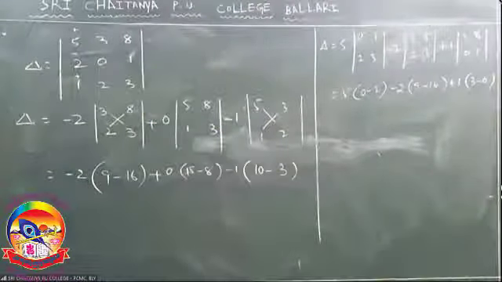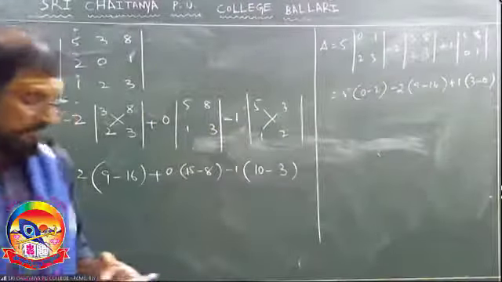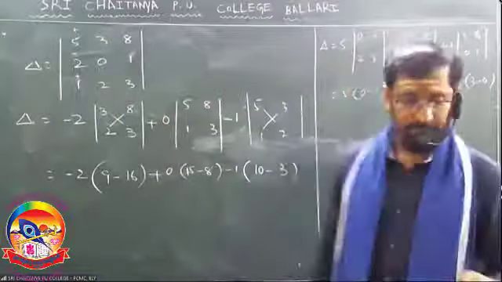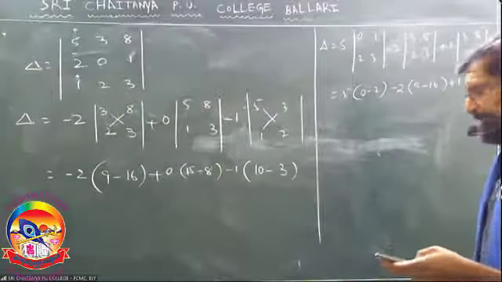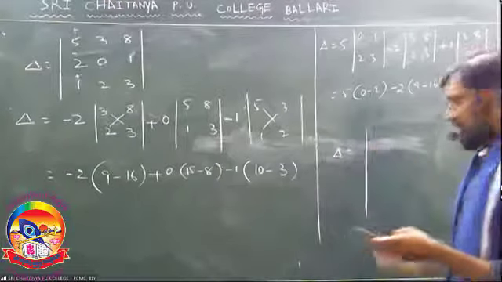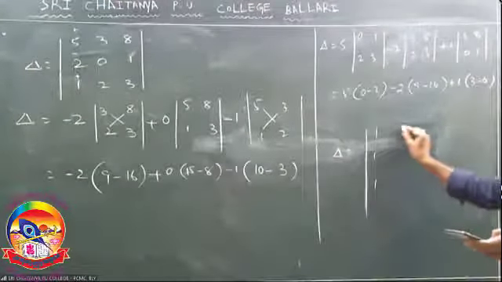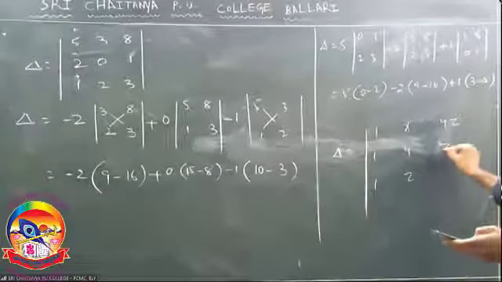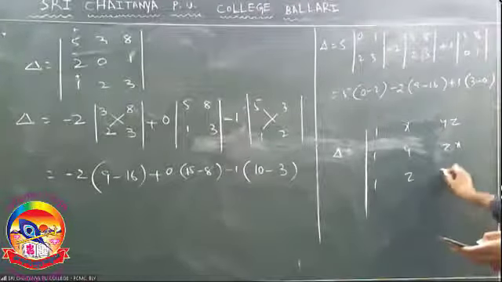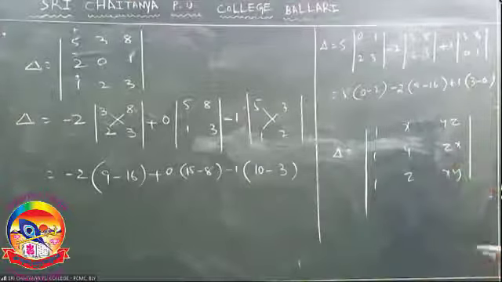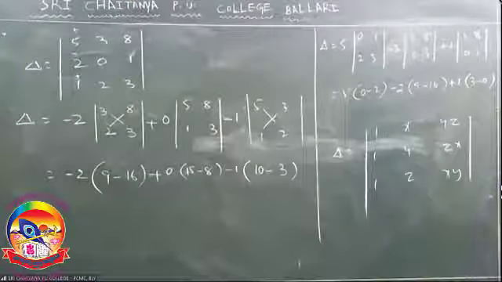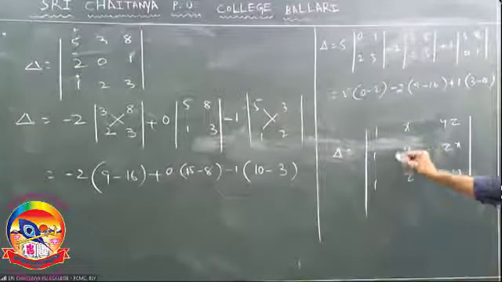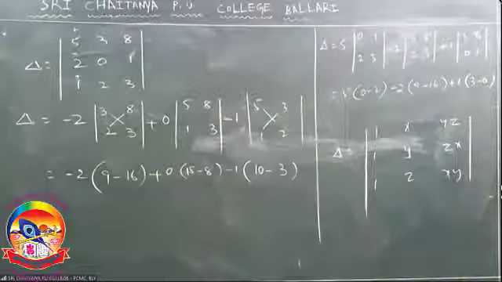Write down: using cofactors of elements of third column, evaluate delta equals, first row 1, x, y, z; second row 1, y, z, x; and third row 1, z, x, y.